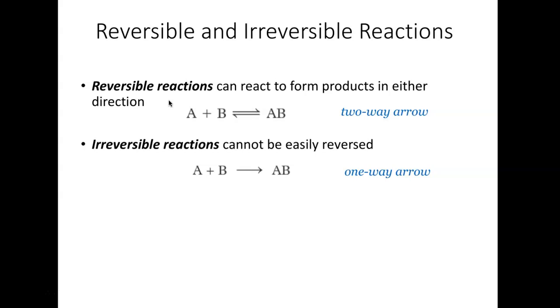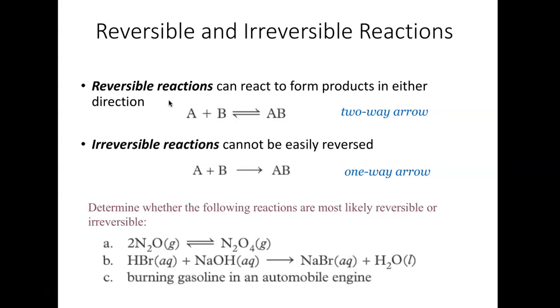But in biology, most reactions are actually reversible reactions. They can go in both directions. So the reactants that combine to form a product can also be broken down back into those reactants. So we indicate reversible reactions by drawing a two-way arrow. And we'll see the importance of these reversible reactions later in the class when we talk about equilibrium.